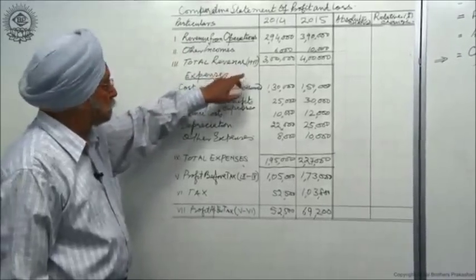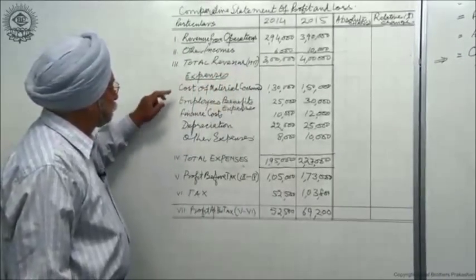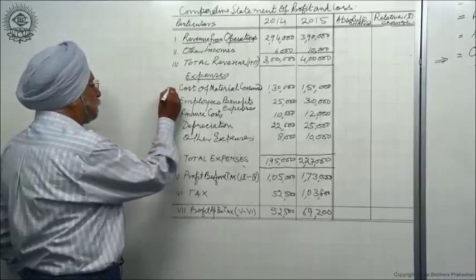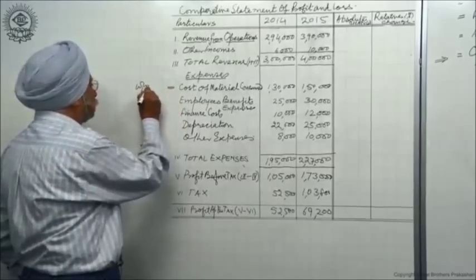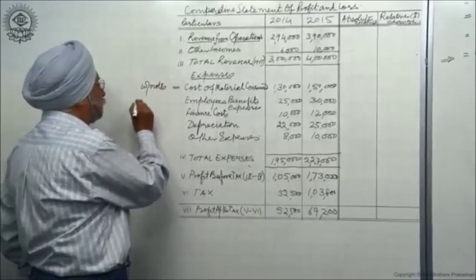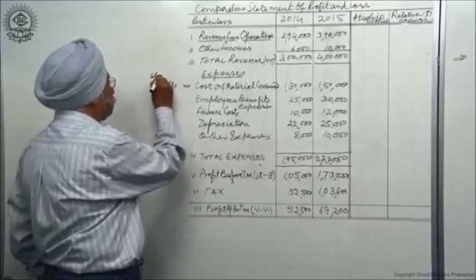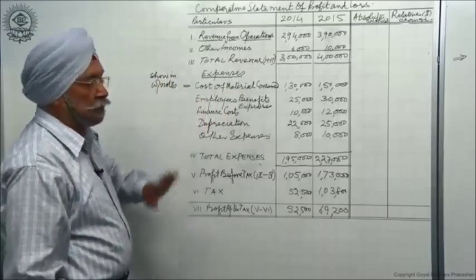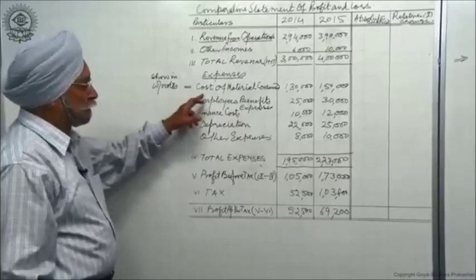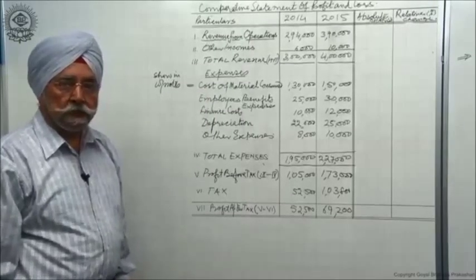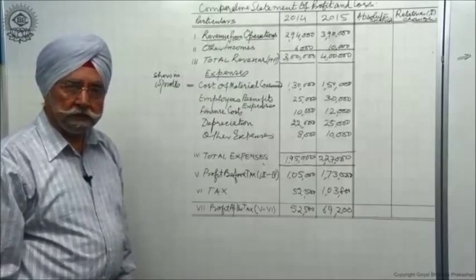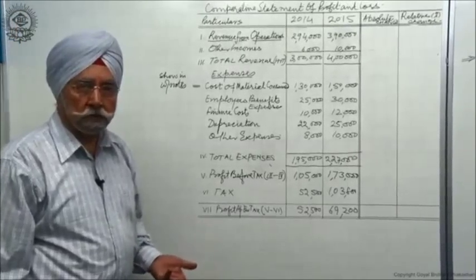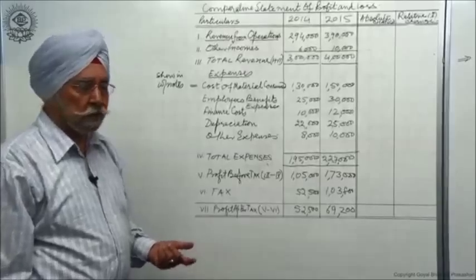Then expenses, the first being cost of material consumed. If it is to be calculated, it will be shown in working notes, as I told you: cost of material purchased plus opening stock minus closing stock.